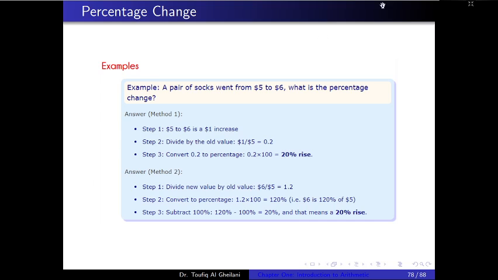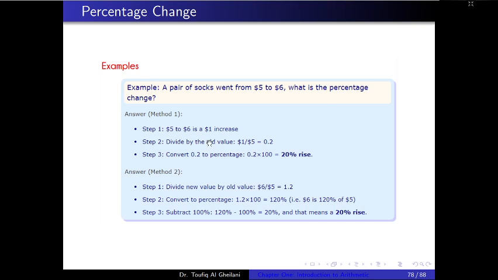Let's take an example. A pair of socks went from $5 to $6. What's the percentage change? Method 1, step 1: $5 to $6 is a $1 increase.